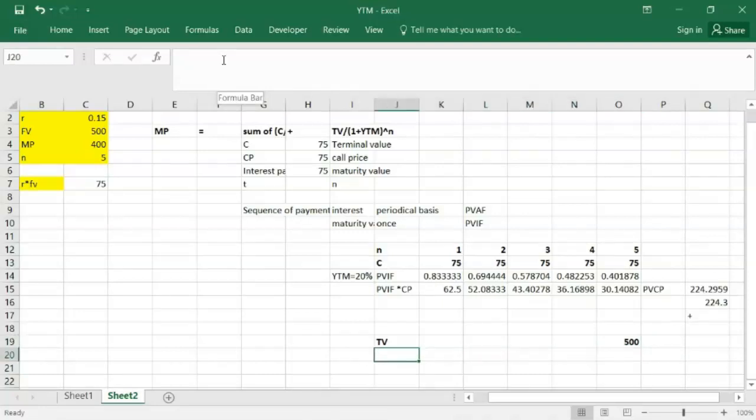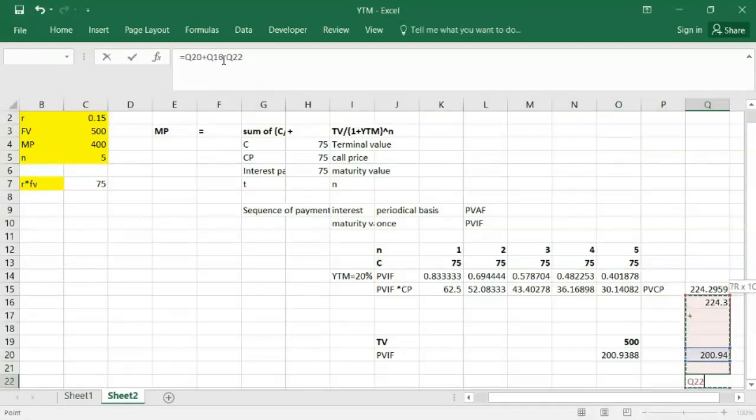You need to convert using the present value interest factor for the fifth year, which is already available. 0.4018 multiplied with the terminal value, you get 200.9388. It means 200.94 is the value.